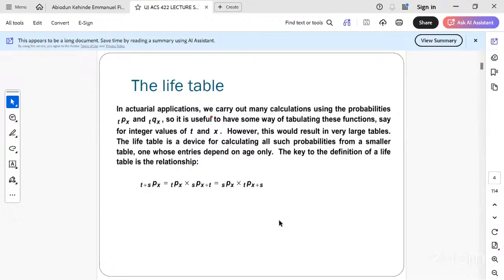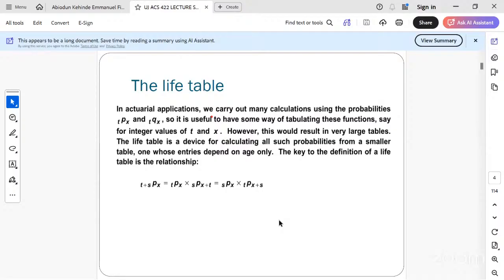So before now, in your contingency course, we have all been introduced to the life table. It is a very important tool that is used in actuarial work.